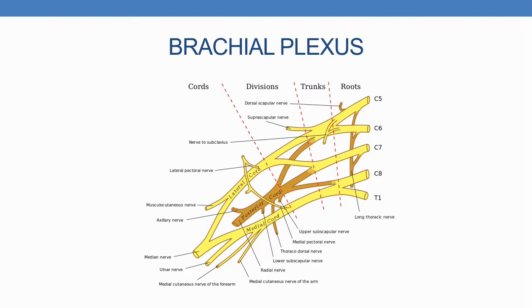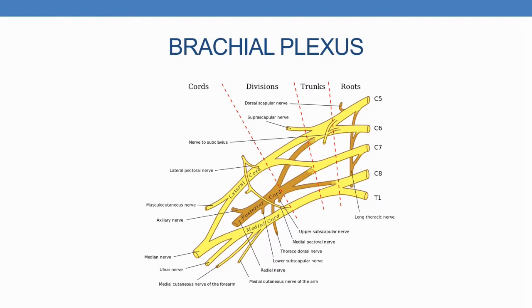All of the posterior divisions combine to give us the posterior cord. The anterior divisions of the superior and middle trunk combine to give us the lateral cord. The anterior division of the inferior trunk gives us the medial cord.